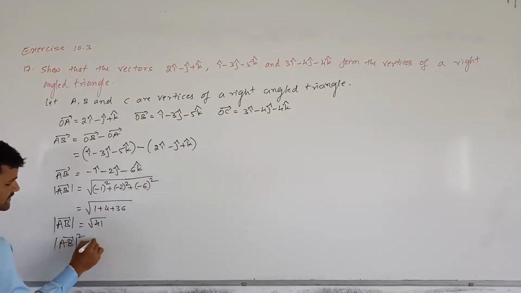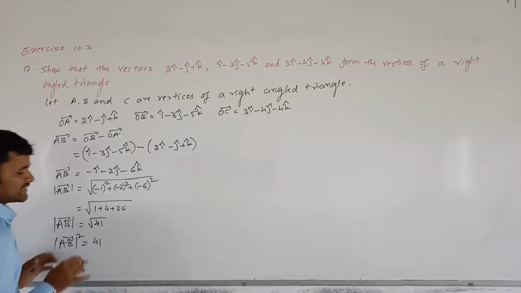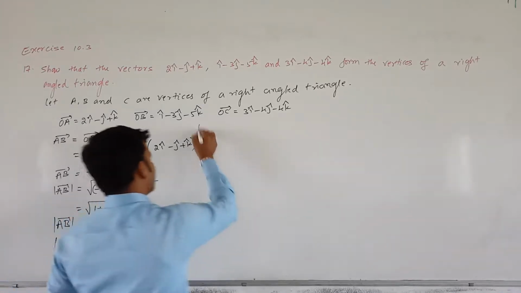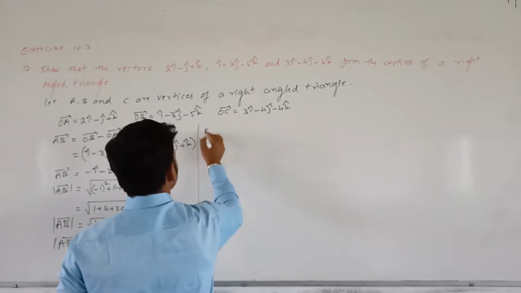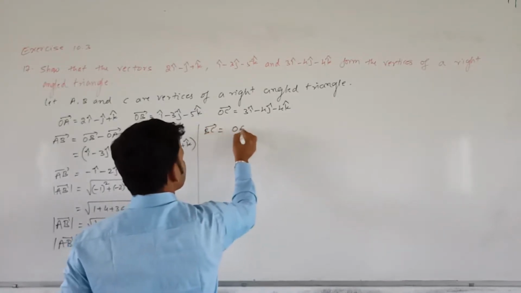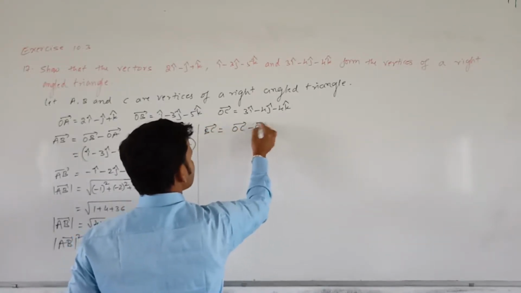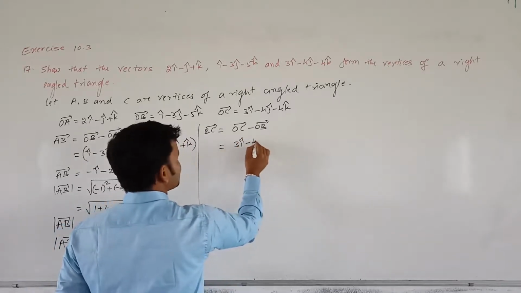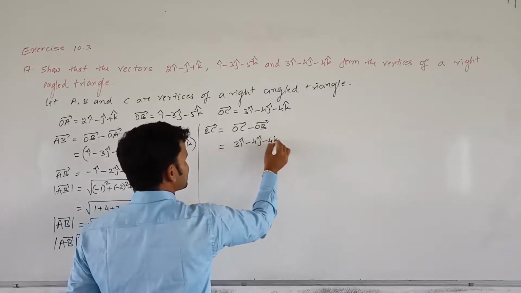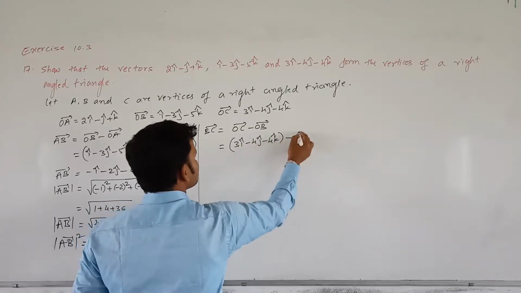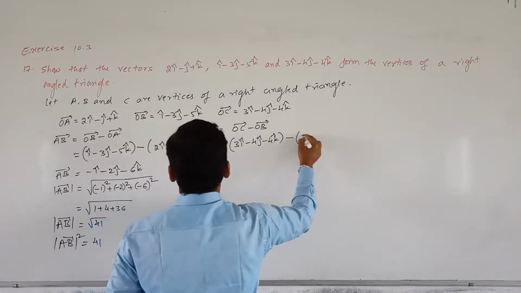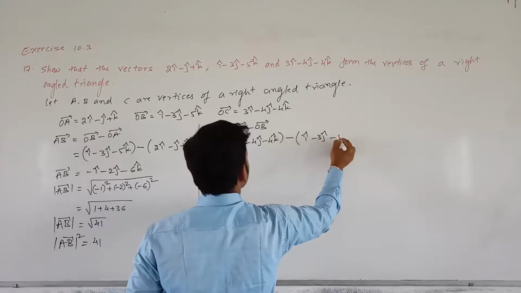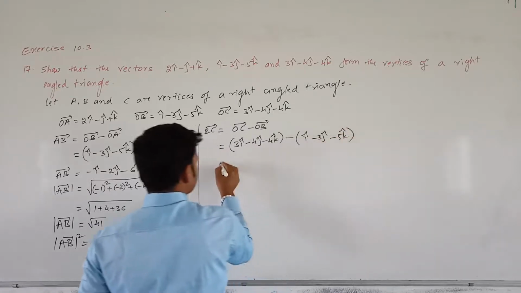Magnitude of vector AB square is equal to 41. Let it be as it is. Now we will find out the second side, that is BC. BC is OC minus OB. What is OC? OC is 3i minus 4j minus 4k, minus OB, which is i minus 3j minus 5k.